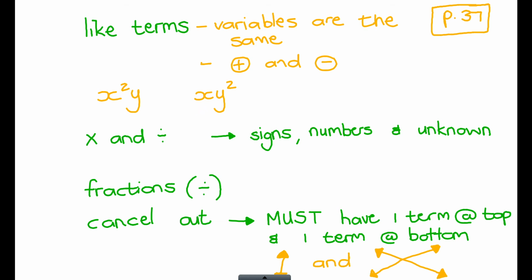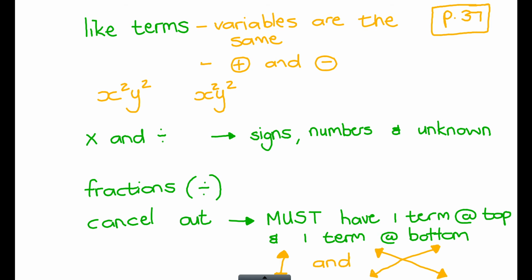Okay, if I were to do this, x squared y squared, and over here, x squared y squared. Now they look exactly the same, right? Okay, so the variables or the unknowns must be exactly the same. And only when they look exactly the same, then I can add and subtract.